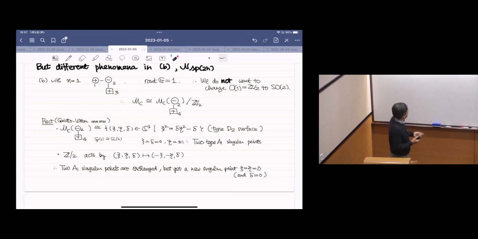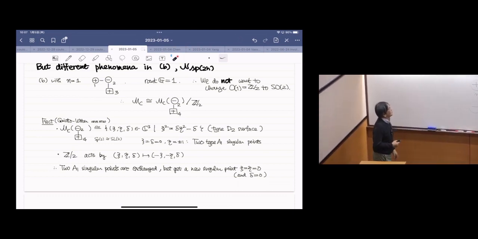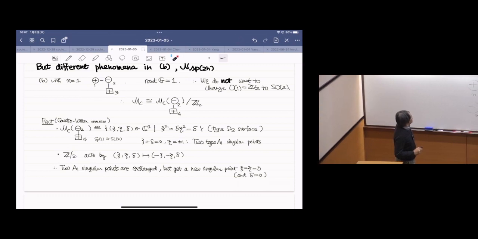So the D2 Dynkin diagram consists of two points without edges, so it is natural in that sense. But anyway, you have two type A singularities. And the Z2 action is given by this formula. So the singular points are at c and delta equals 0 and eta equals plus minus 1. These 2 points are exchanged by this Z2.